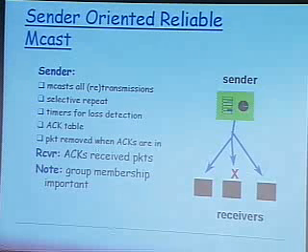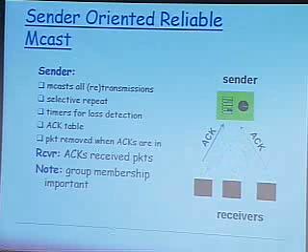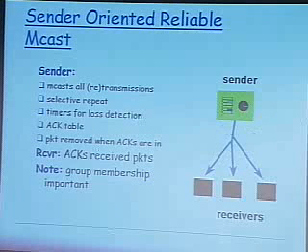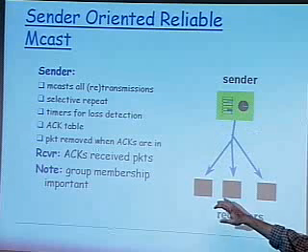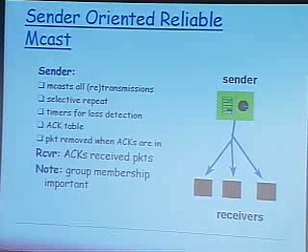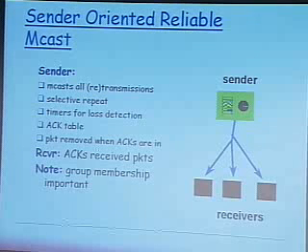One receiver does not receive the packet. ACKs come back. The sender keeps an ACK table. The ACK table will time out because an ACK never came from this receiver. Then the sender has to multicast that packet again.